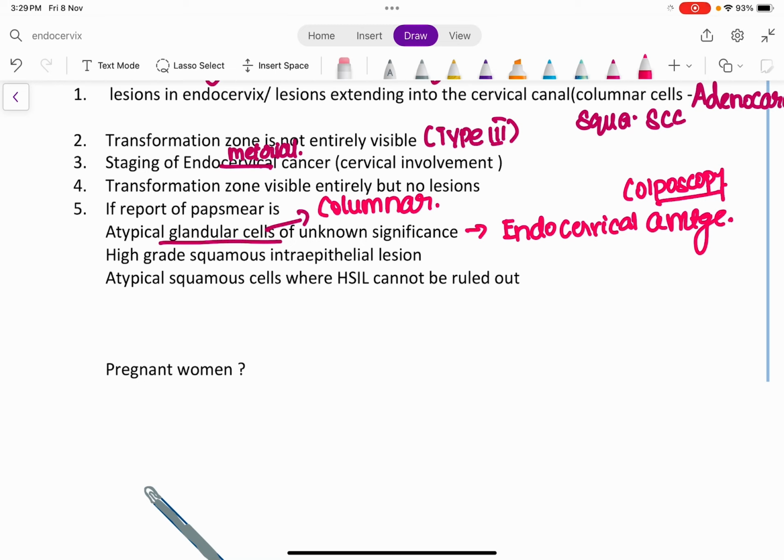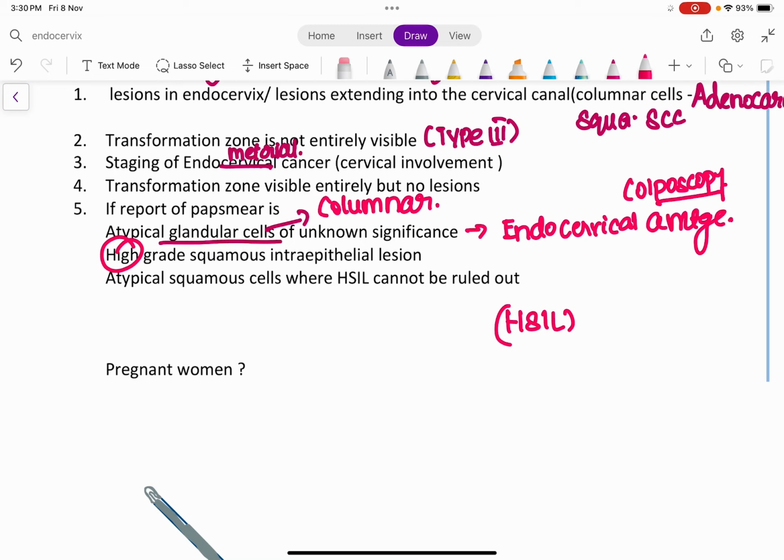And in any case, please remember, if the pap smear report comes as high grade squamous intraepithelial lesion, which is also called HSIL, you have to do endocervical curettage. This is a definite indication: if you get a high grade squamous intraepithelial lesion, you have to do endocervical curettage to rule out any adenocarcinoma being present in the endocervix.